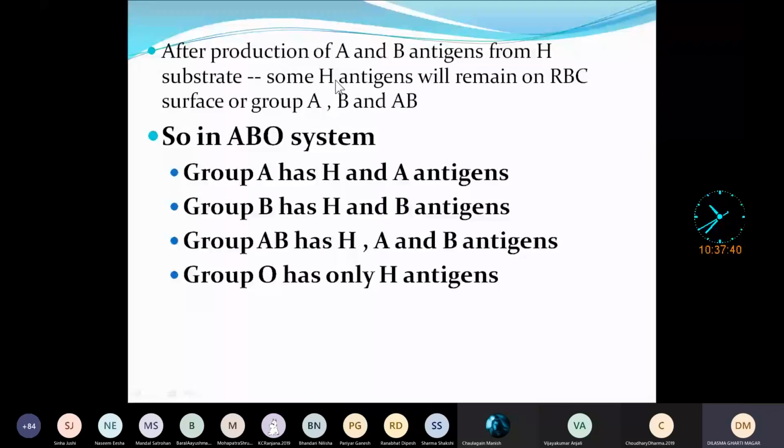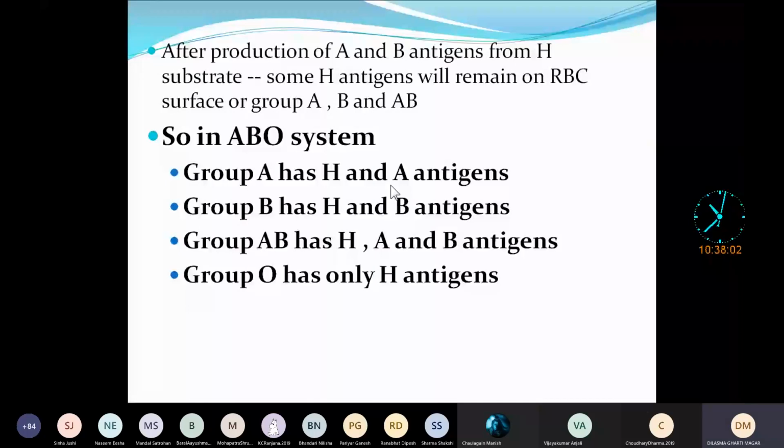Now here in the ABO system, you see in the first line, blood group A has H antigen and then the A antigen. Same thing which I already explained to you. The blood group B has H antigen and the B antigen.